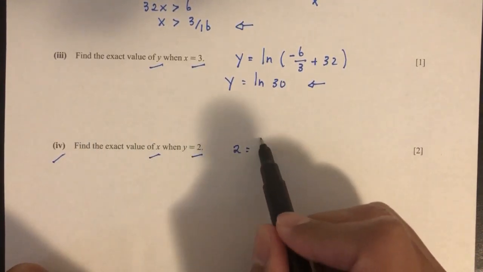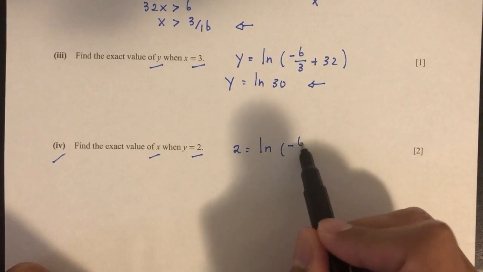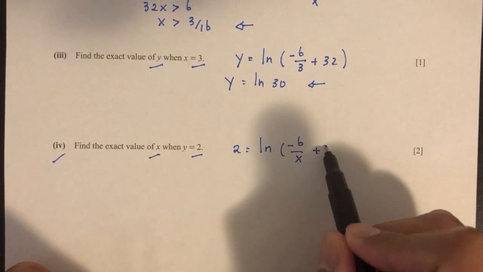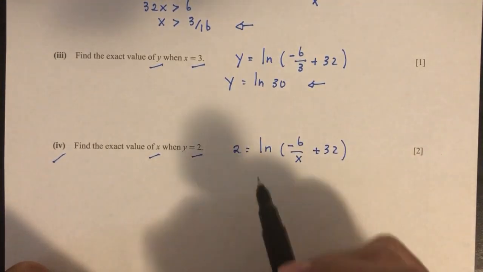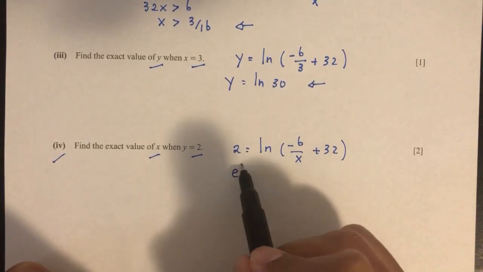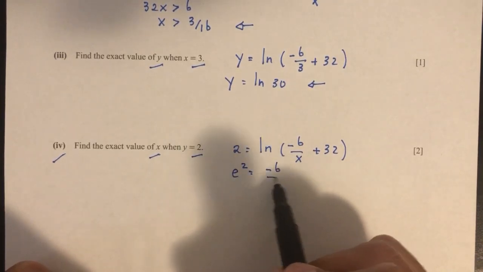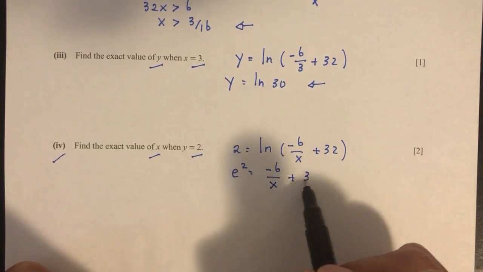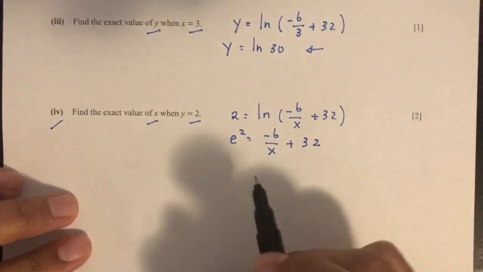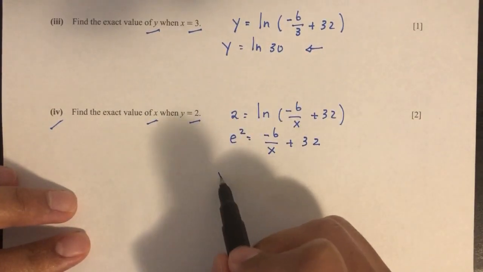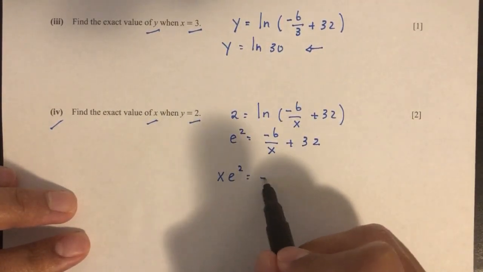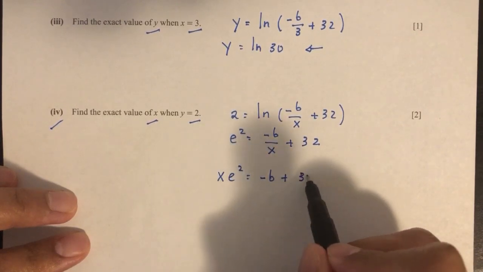So 2 equals ln of minus 6 over x plus 32. So we send ln here, we have e^2 equals minus 6 over x plus 32. So multiply x everywhere. We have x e^2 equals minus 6 plus 32x.